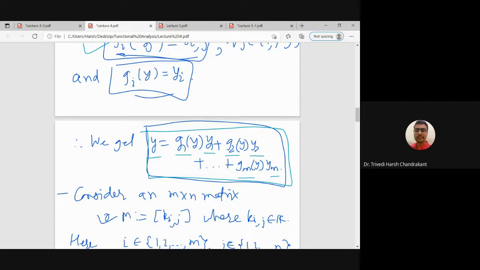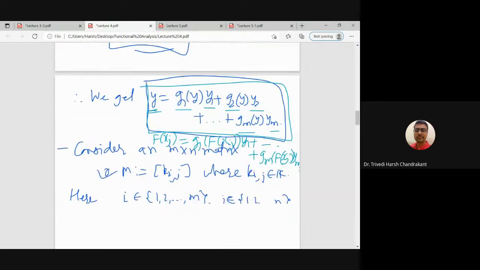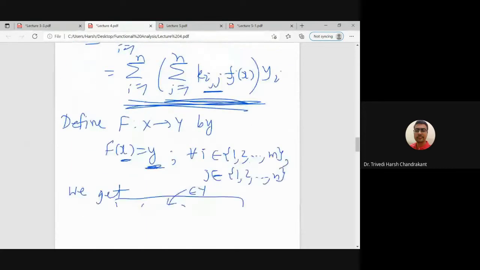In particular, if we substitute f(xj) instead of y, we get g1(f(xj)) y1 plus ... plus gm(f(xj)) ym.